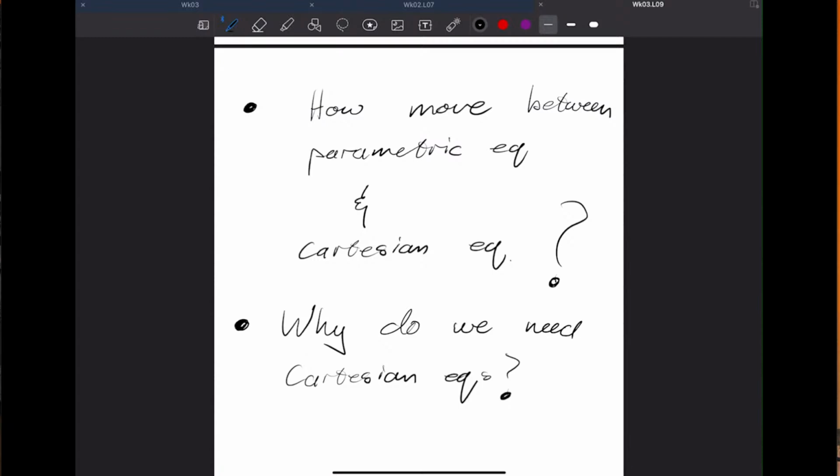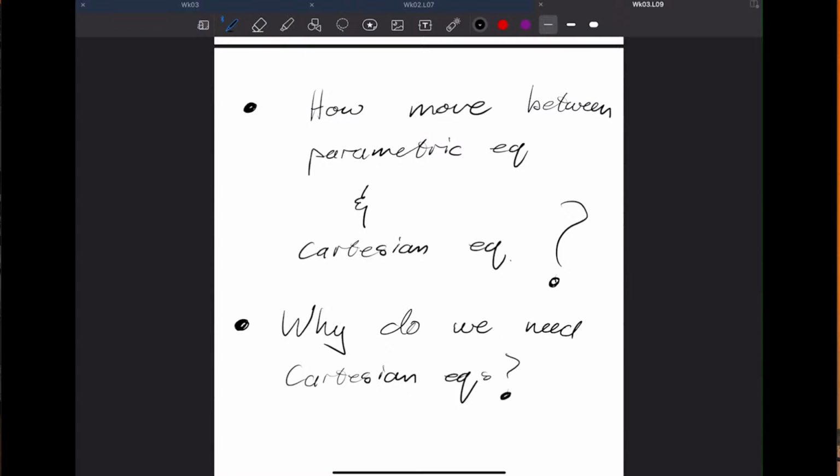You can try to compute the intersection of two planes using their parametric equations, but then you have to solve for 4 variables. You've got 2 parameters for the one plane and 2 parameters for the other plane.